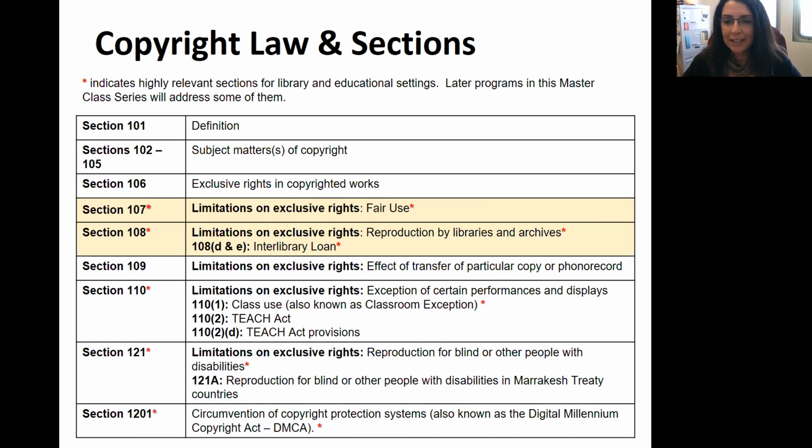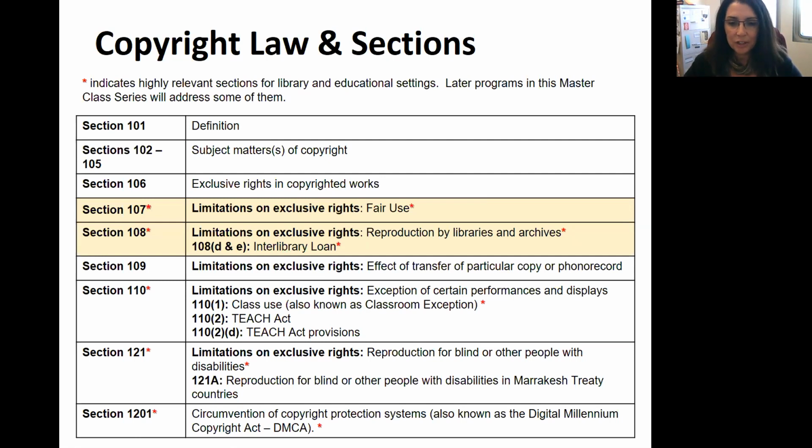Section 110 is known as the exception for certain performances and displays, and this talks about how copyrighted works can be used in teaching and learning settings. Section 110 Part 1 is known as the class use exception. I won't describe that much, but it basically describes how copyrighted works can be used in a face-to-face classroom setting.